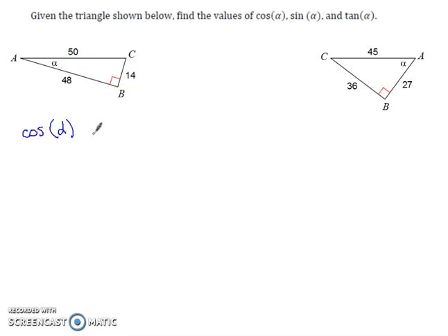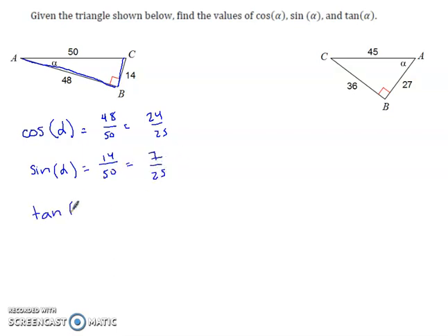Cosine of alpha is going to be the adjacent side over my hypotenuse. Since my two legs are 48 and 14, my adjacent side to alpha is going to be 48 over my hypotenuse, which is 50, and I can reduce this down to 24/25. Sine of alpha is going to be 14/50, which reduces down to 7/25.